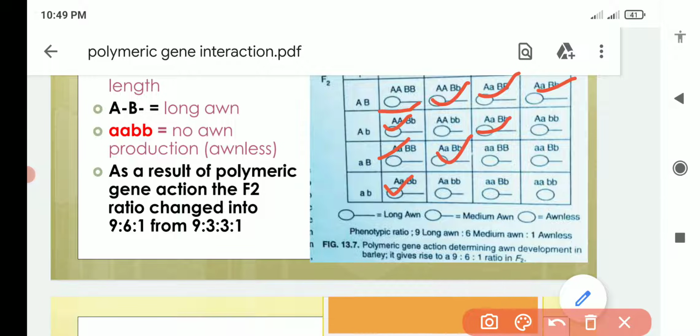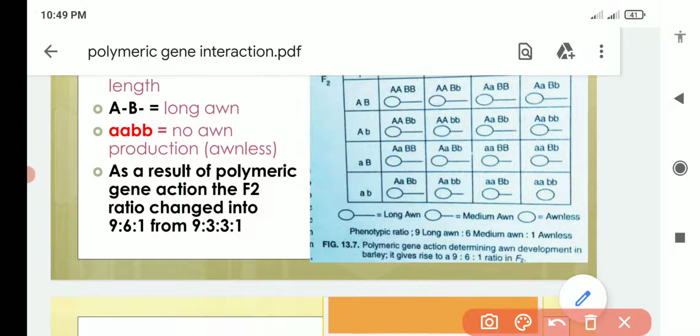So 9 plants will be having long awns. 6 plants will have medium awn. Okay, first, second, third, fourth, fifth and sixth. So these 6 plants will have medium awn and one plant will be having no awn production, or we can say it will be awnless.